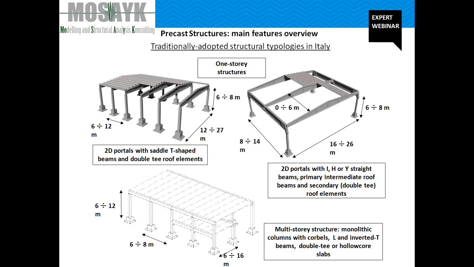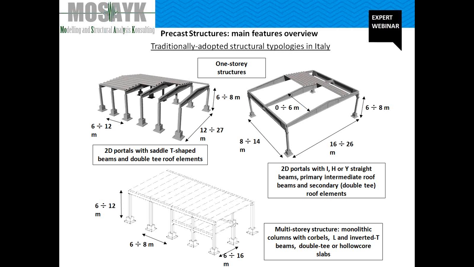Similar research was useful in order to determine the most significant techniques used in the seismic zones to connect the elements. Let's start with the one-story industrial building, which should usually be divided between two typologies. The first is a more traditional one and very frequently used.